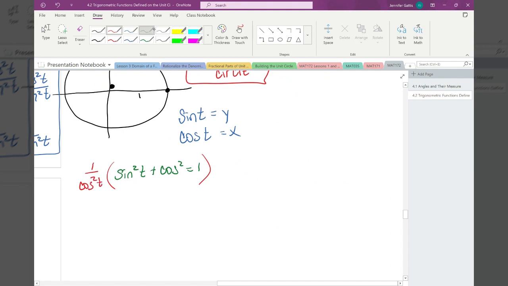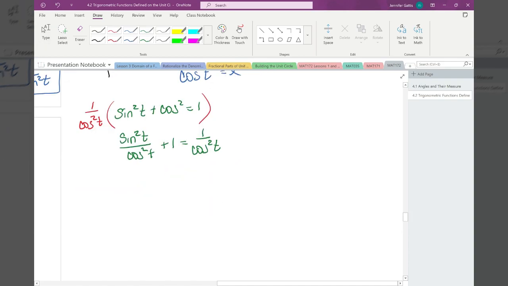That would give you sine squared over cosine squared plus 1 is equal to 1 over cosine squared, which then gives you, recalling that sine squared over cosine squared is tangent squared, and 1 over cosine squared is secant squared.